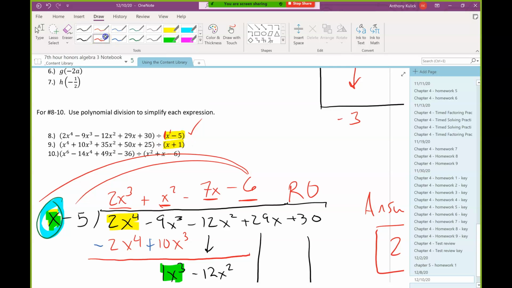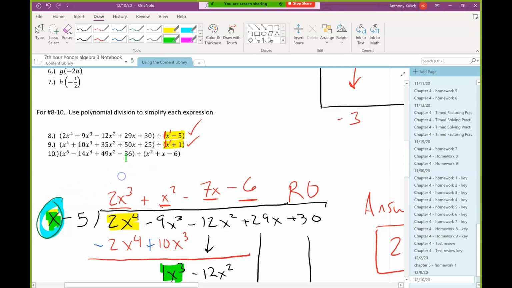If I look at number 9, the leading coefficient is 1, the biggest exponent is 1, so I could use synthetic division on that one. If I look at number 10 though, the leading coefficient is 1, but the degree, the biggest exponent is 2, so I can't use synthetic division on that problem.